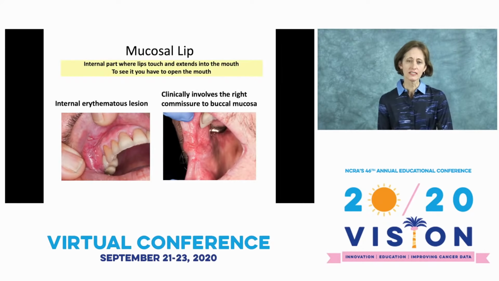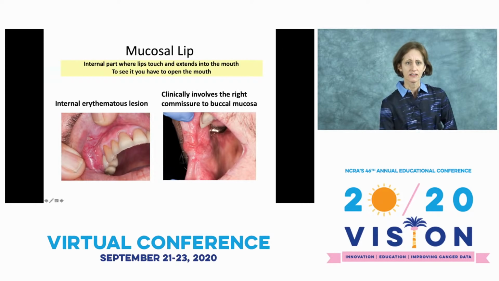However, we noticed in the clinical history they talk about it extending into the mouth. And so these are clinical pictures from this case where there's an internal erythematous lesion. You can see that the lip is having to be pulled up to see it. You can see that it's irregular and red.